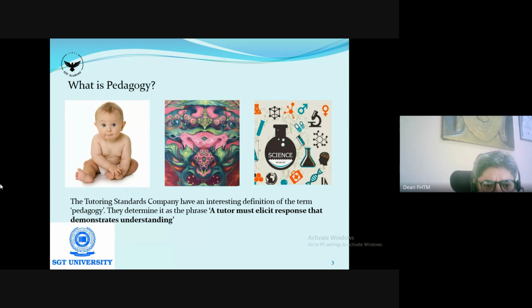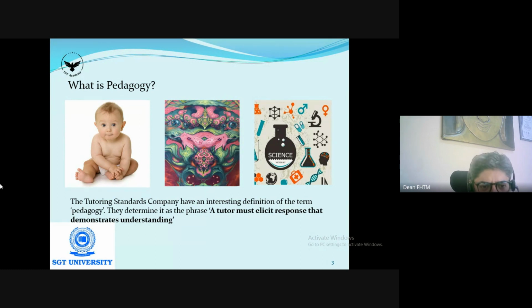In other words, if you are conducting a session, irrespective of how nicely you have conducted, what quality of content and what you have shared, unless at the end of the session your audience can respond to you in a fashion that demonstrates that they have understood what you are trying to convey, teaching remains incomplete.